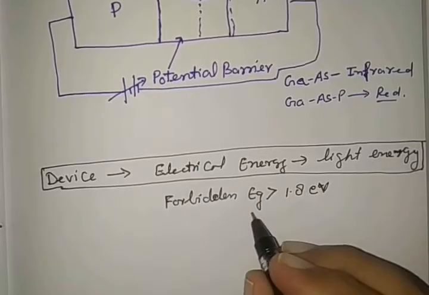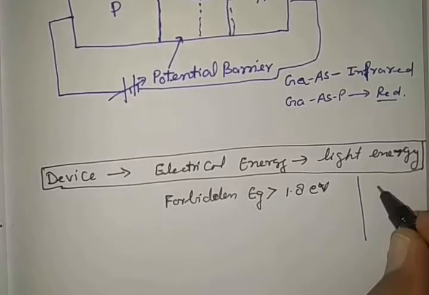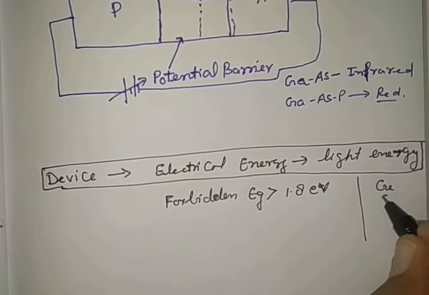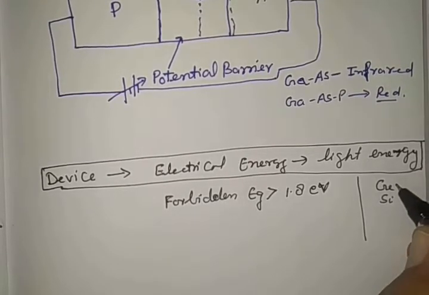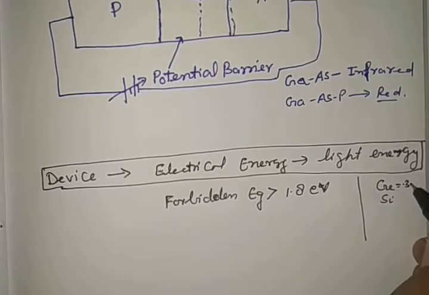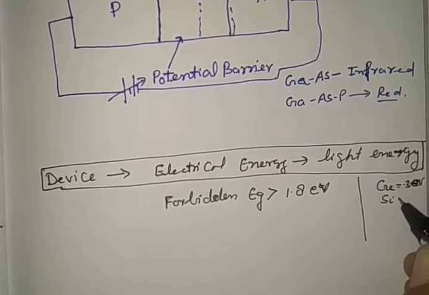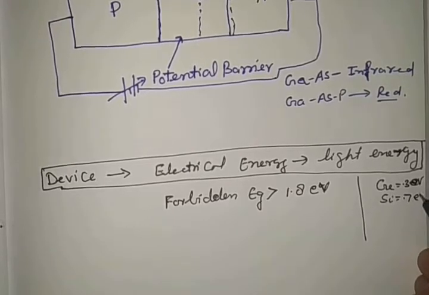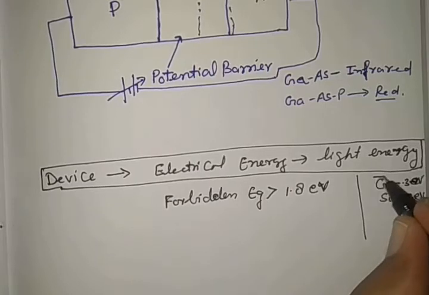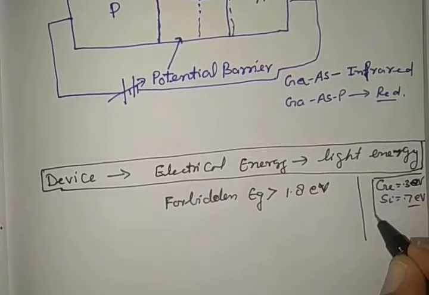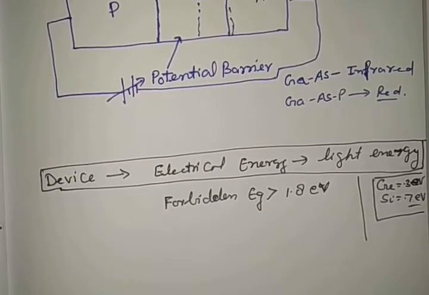Normally PN junction diode is made up of germanium and silicon. Germanium has a forbidden energy gap of 0.3 to 0.4 electron volt, whereas silicon has 0.7 electron volt. So germanium and silicon semiconductors cannot be used for that.